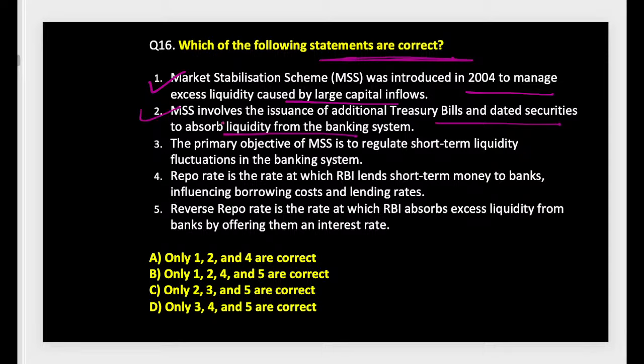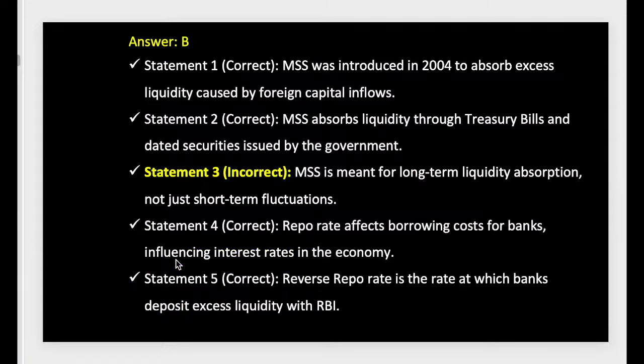The primary objective of the MSS is to regulate short term, no, long term. Basically it is for the long term. A repo rate is the rate at which RBI lends short-term money to banks, influencing borrowing cost and lending cost. The reverse repo rate is the rate at which RBI absorbs liquidity from banks, true. So 1, 2, 4, 5 means option B will be the right answer for this particular one.